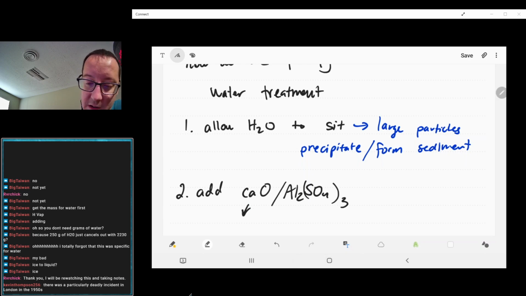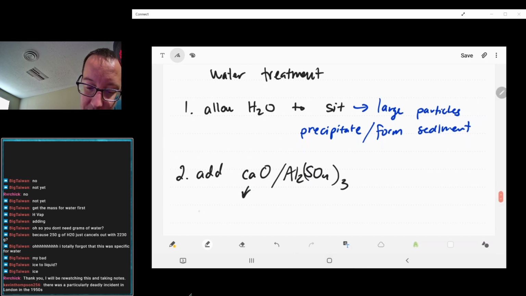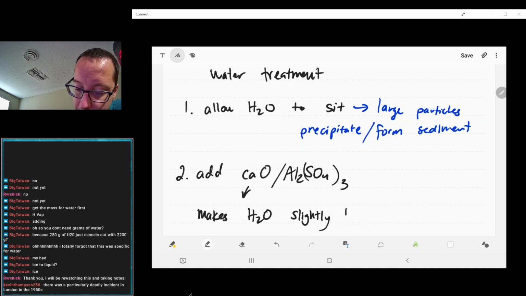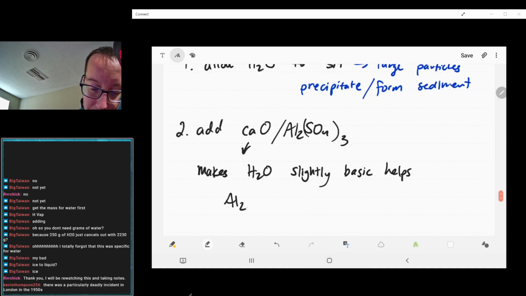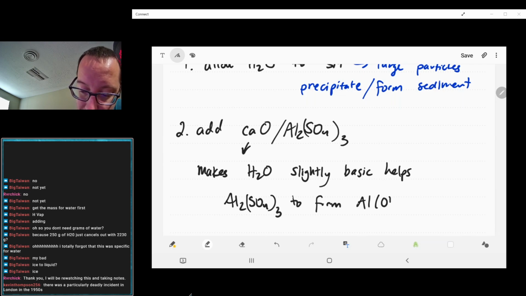The calcium oxide helps to make the water slightly basic, which helps the aluminum sulfate to form aluminum hydroxide.